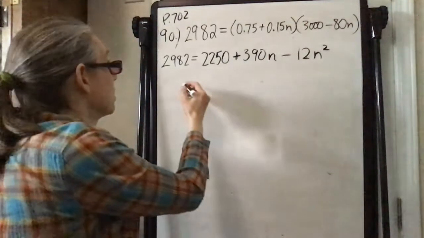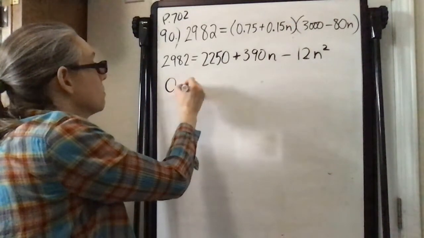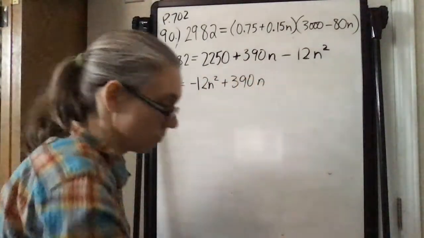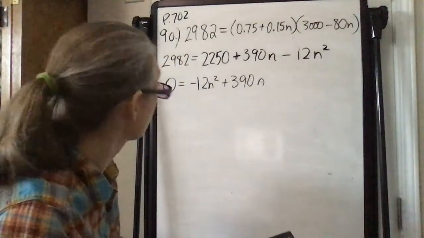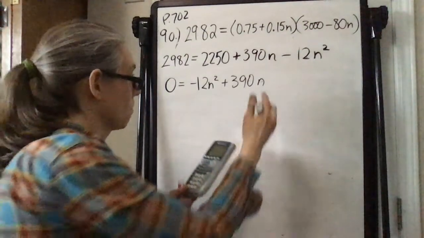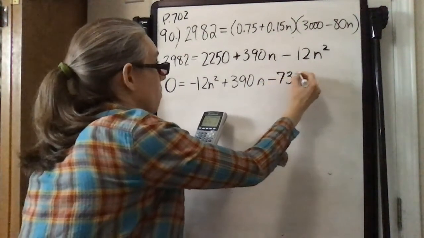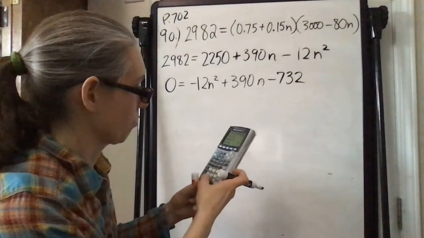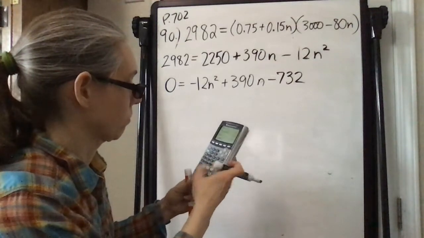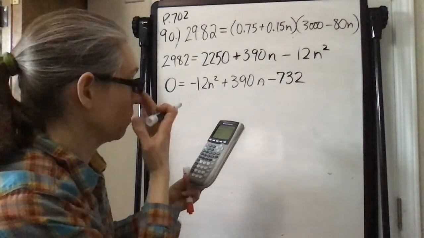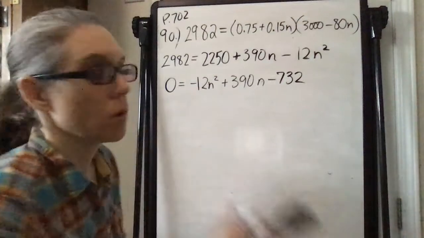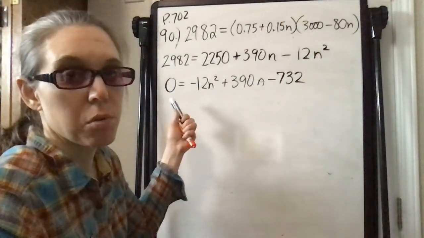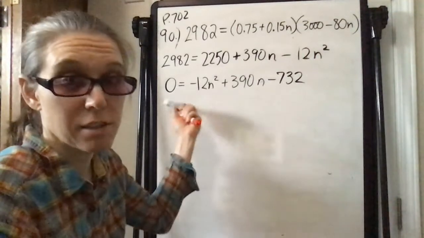And now I get everything on one side. One thing you can do to help the quadratic formula not be so complicated is to pull out a GCF, or divide both sides by the GCF.